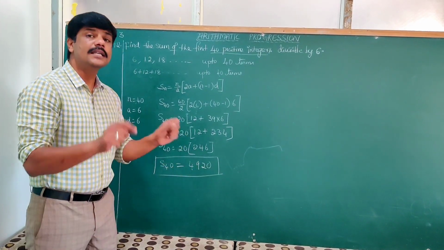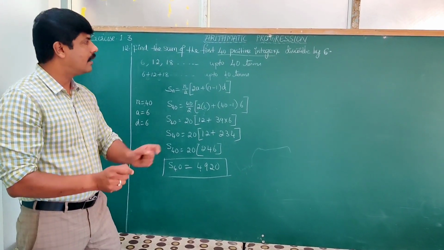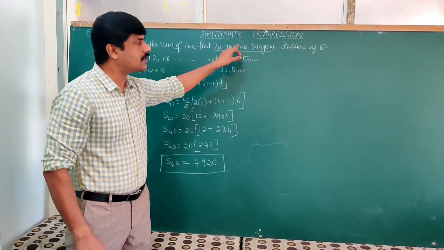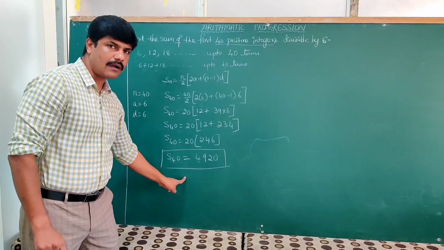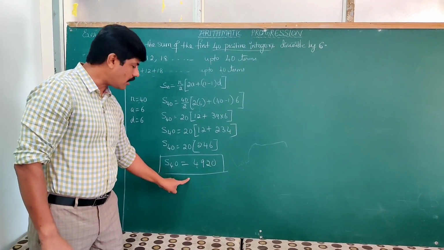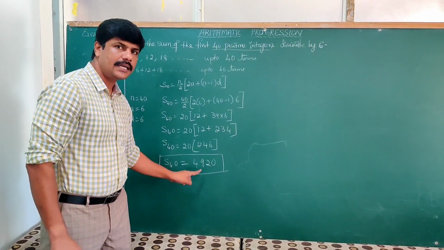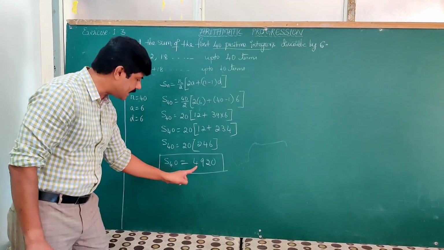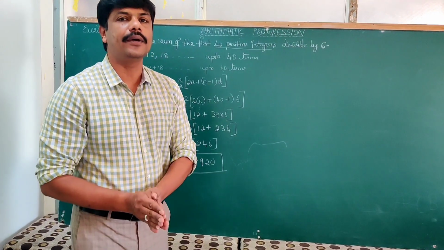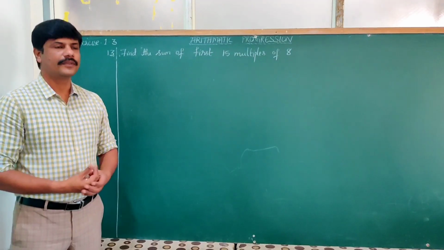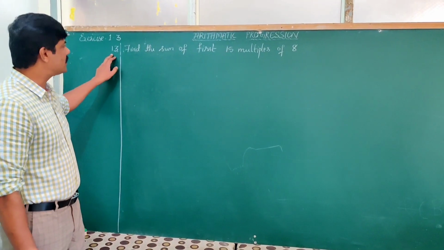This is nothing but the sum of the first 40 positive integers divisible by 6. Understand, children? Now we'll enter into the next problem. Now we'll see the 13th problem, children.